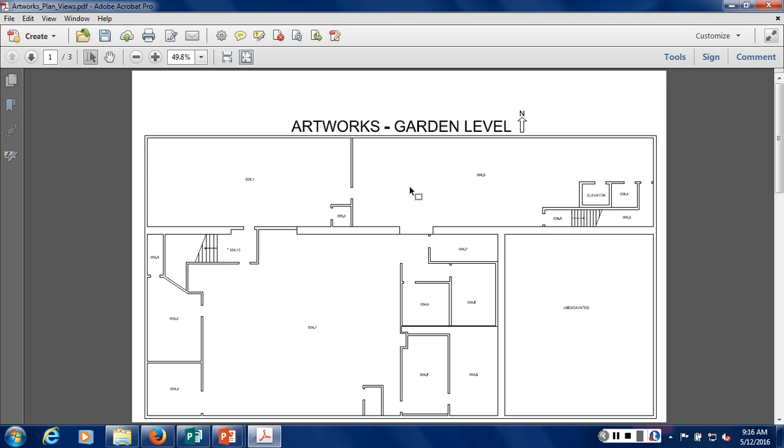So the key ingredients to a good footprint is having hopefully a current layout that shows all the different walls, and most importantly is the orientation. So do I know how the building is oriented? And this particular footprint fits the bill nicely.